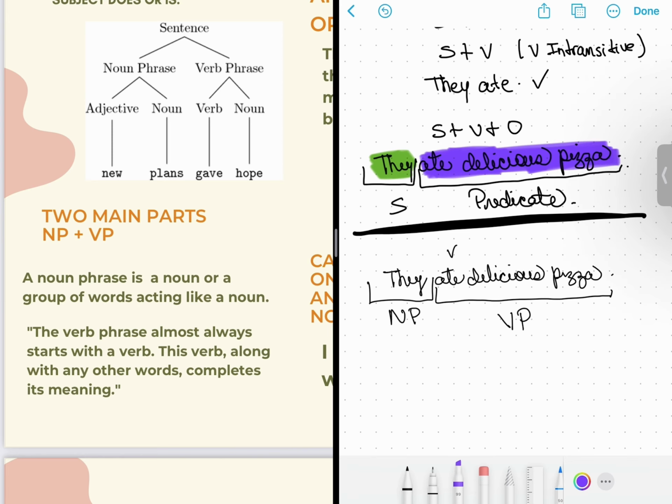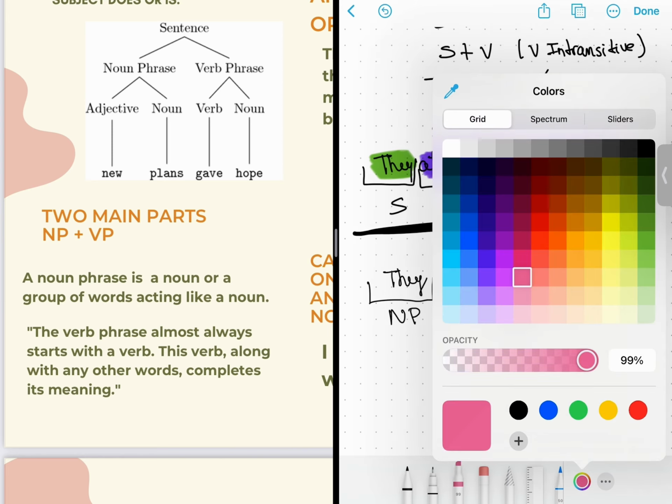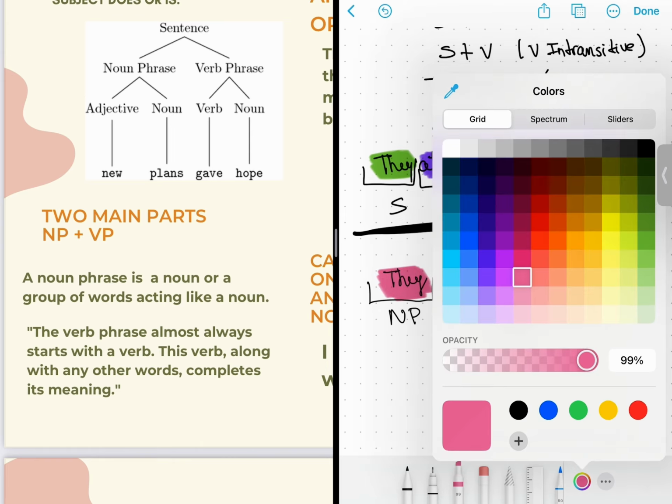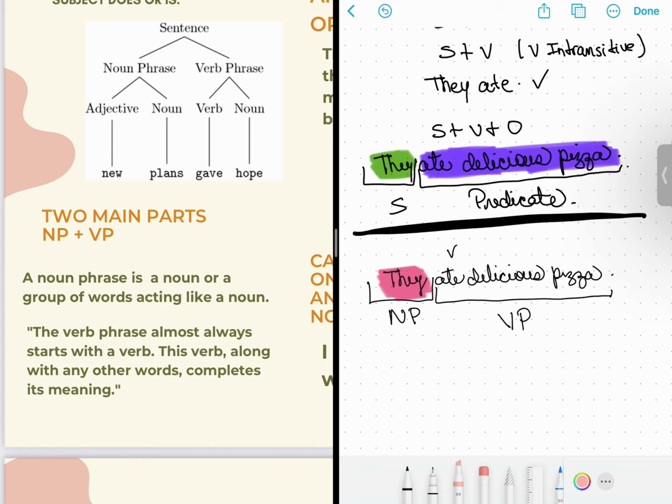So we know now two new concepts, right? Our subject is now called our NP, and our predicate is now called VP, our verb phrase. Are we clear on that?